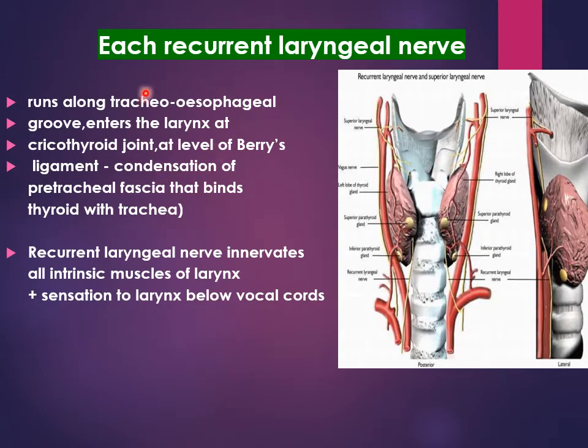The recurrent laryngeal nerve is a very important nerve which must be studied with care. This picture shows you the recurrent laryngeal nerve here. This is on the right side and this is on the left side.